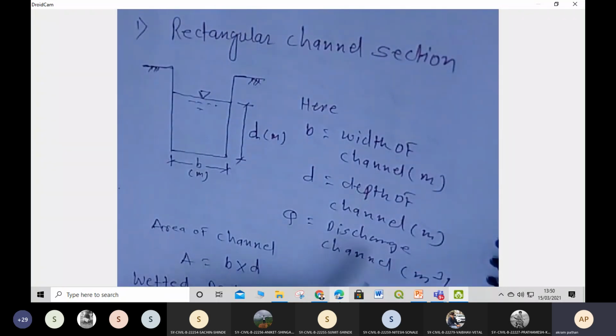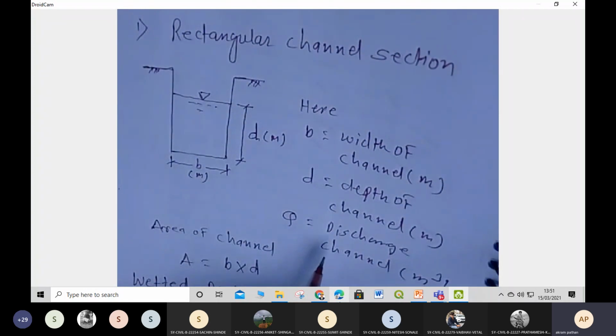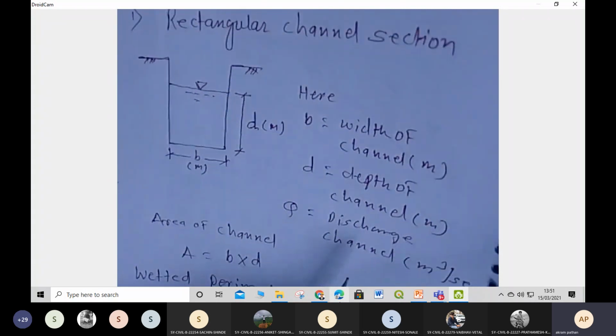Before going into detail, we have to write two things for the rectangular channel: width should be twice the depth of flow, and hydraulic mean depth should be half of the depth of the channel.